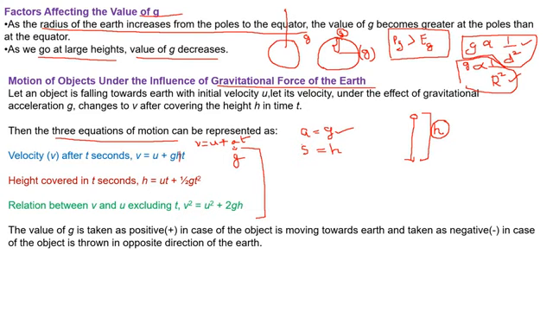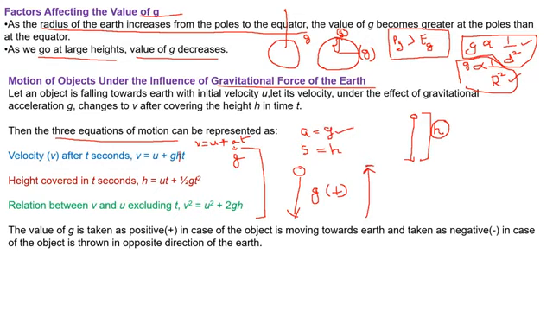Now, coming to the value of g. When the object is falling down, its speed is continuously increasing, its velocity is continuously increasing. Because velocity is increasing, g will be considered as positive. And when you are throwing an object upward, the velocity is always getting lesser and lesser, and at the top the velocity will be 0.